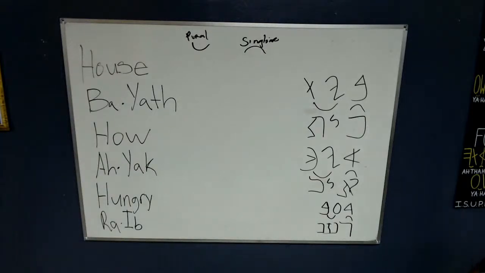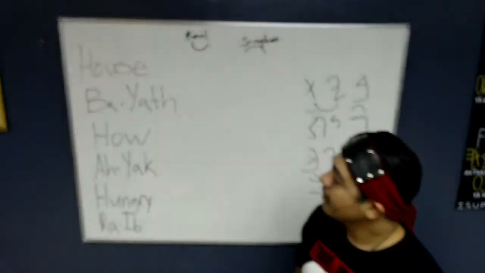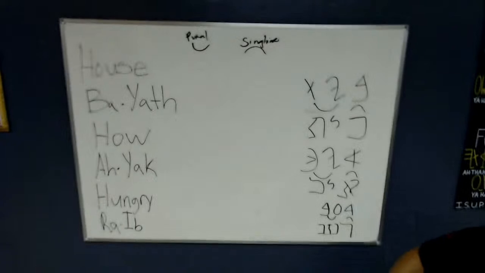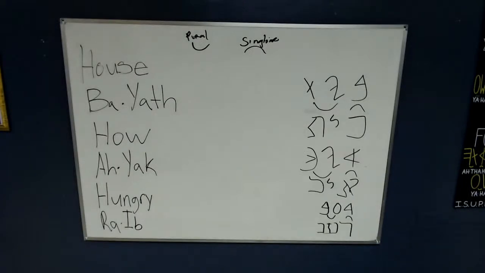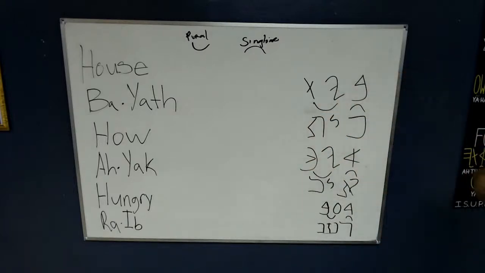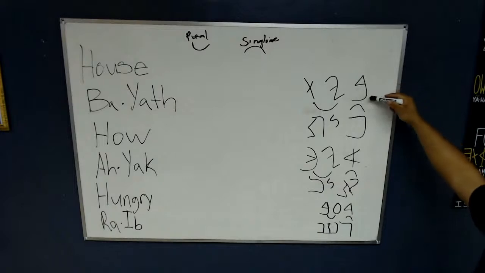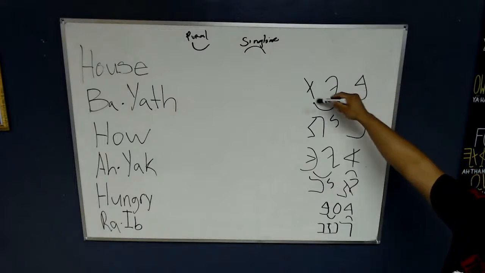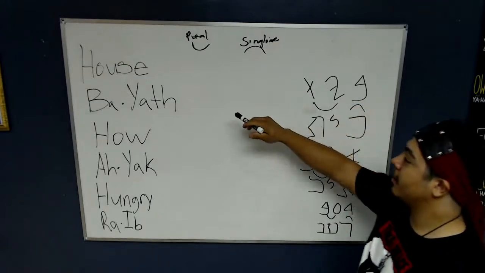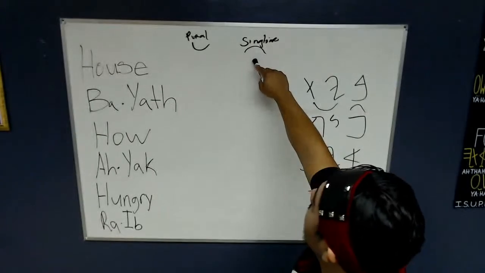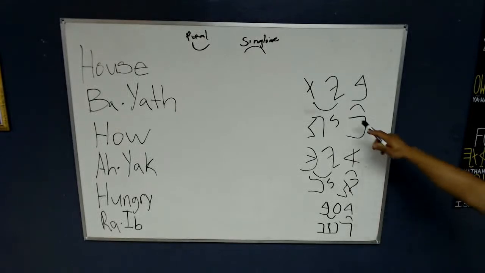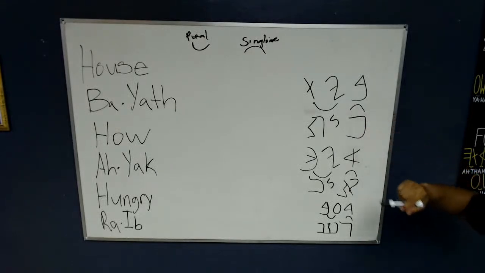All right. Like we said, house, right? You got bayat, right? So house in the ancient Hebrew would be bayat, right? Ba, ya. The connectors are what helps you pronounce the word in the ancient Hebrew, right? So ba, right?